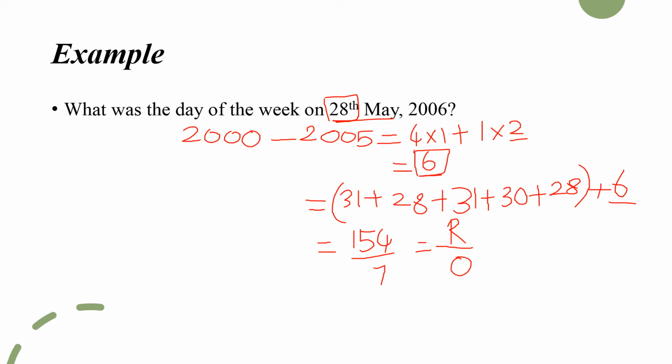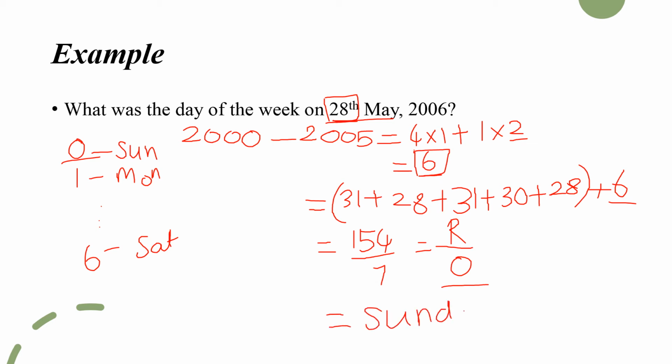In the code of the day table, we mention the code 0 as Sunday, 1 as Monday, and so on up to 6, that is 6 as Saturday. Here the remainder comes as 0, which means 28th May 2006 is Sunday. So the answer here is Sunday. Okay, move on to the next problem.